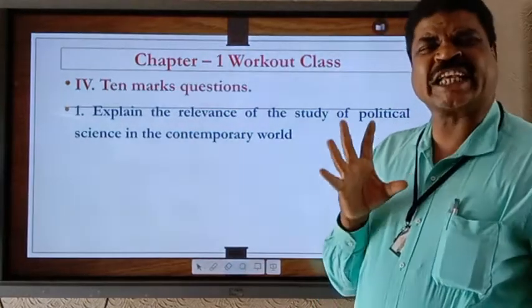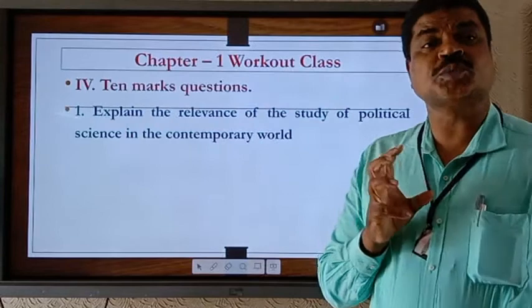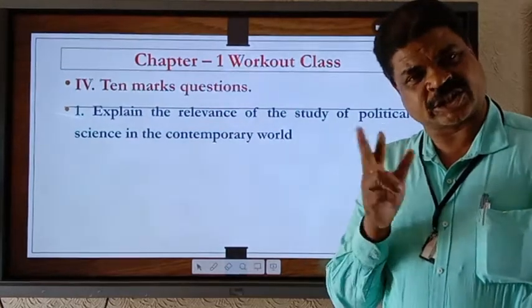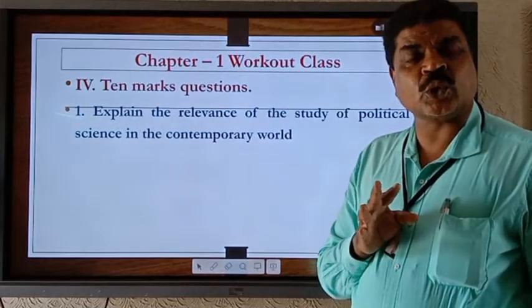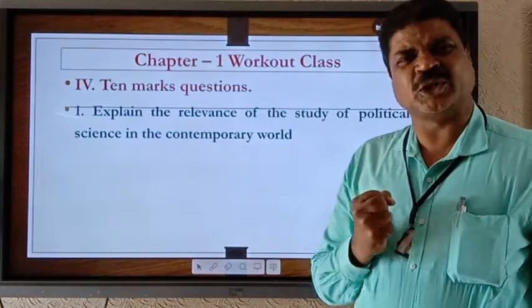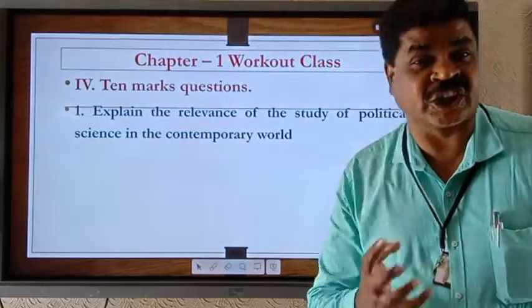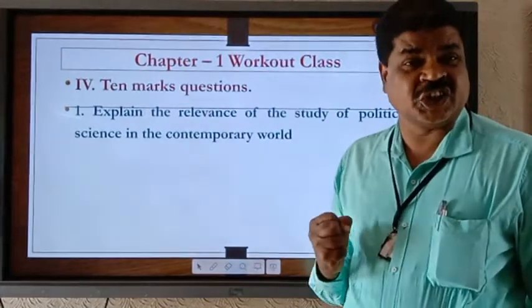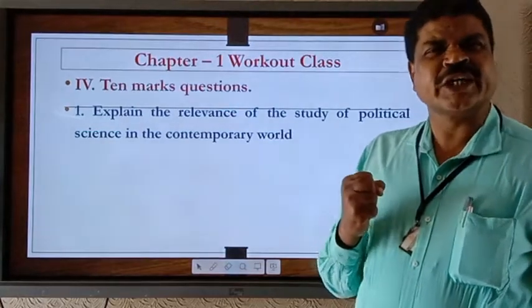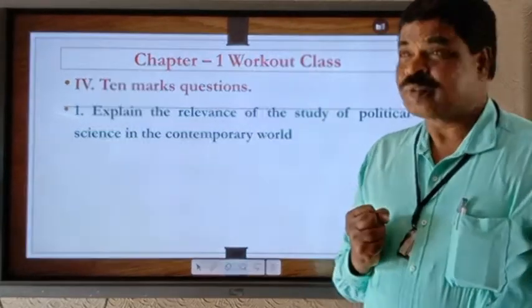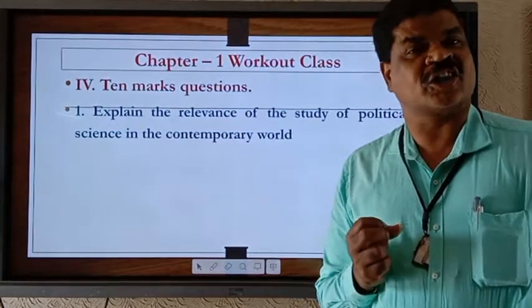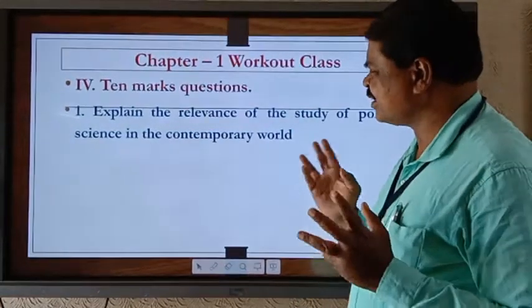In between, you explain in a simple way those points: how it makes a leader with his own leadership, how it makes you understand your own rights and duties, how a person must understand the constitution of his own nation, how a citizen living in a democratic country understands the different political parties, and how his own nation engages with its own political philosophy or theory. These are all coming under this explanation.